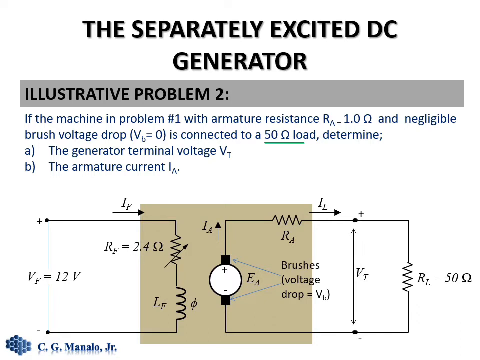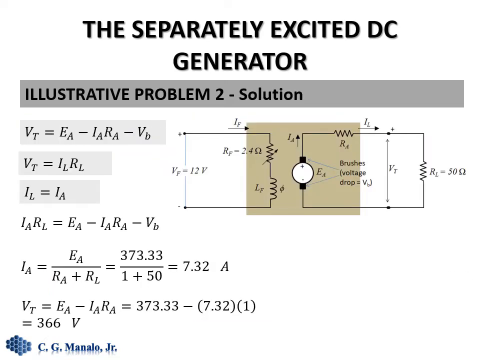Let us determine the terminal voltage, and then the armature current that comes out of the armature. Earlier we saw that we got a terminal voltage of around 373 volts if the machine has no load.